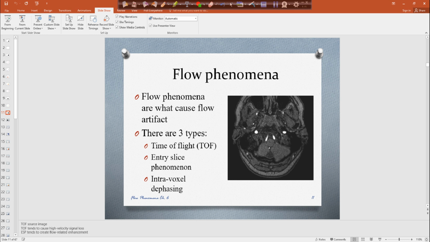And this is what we call an MRA source image. Basically you get all those slices. It's a 3D acquisition, really thin slices, and then it collapses down into one image. That's what makes that really pretty axial view of our circle of Willis. So this is a source image, and it collapses down into our collapsed image. And usually we reformat our collapsed image.